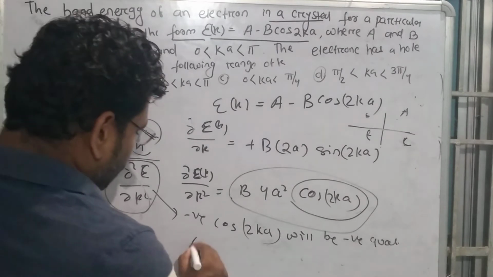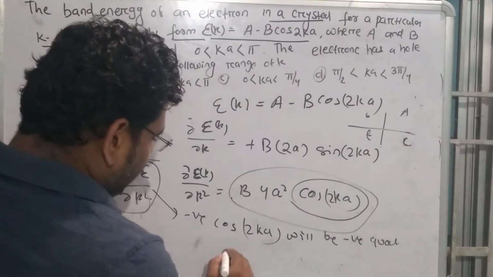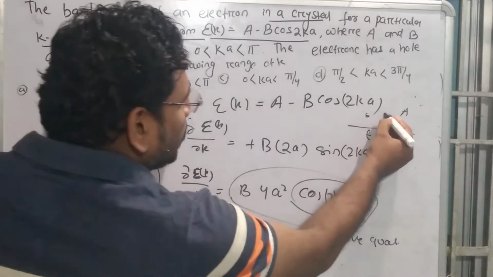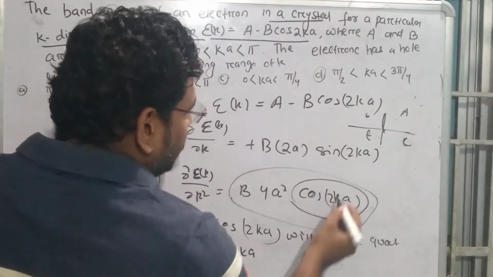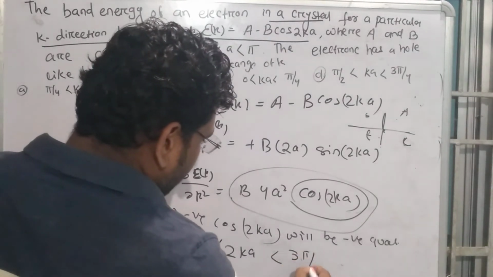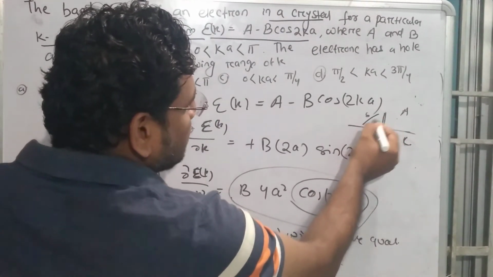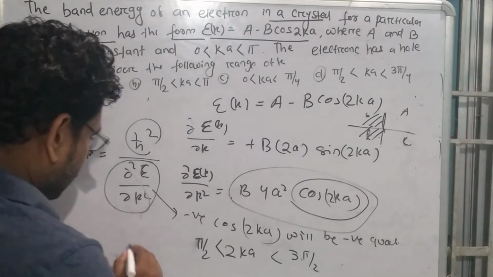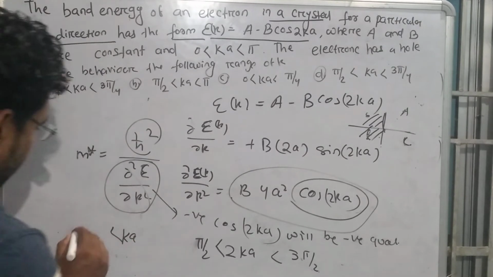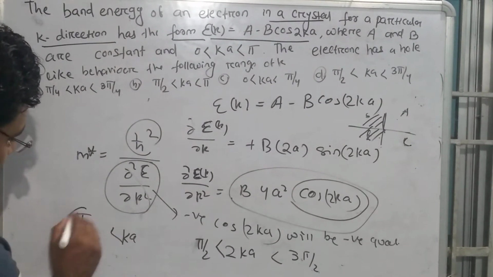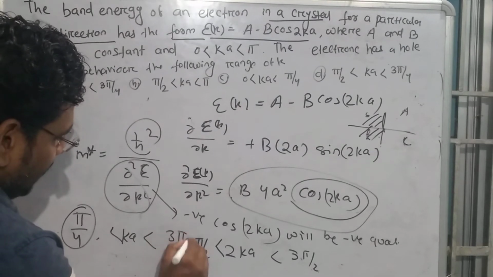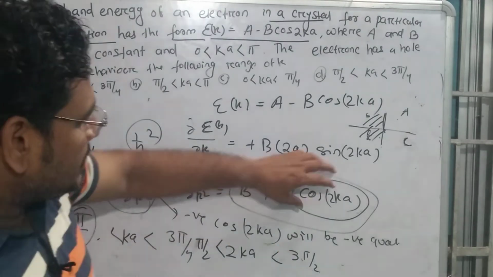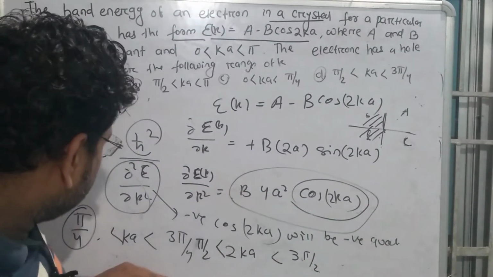That means cos theta is negative when theta is from pi by 2 to 3 pi by 2, so cos 2Ka will be negative when Ka is from pi by 4 to 3 pi by 4. So cos 2Ka is negative in this range.